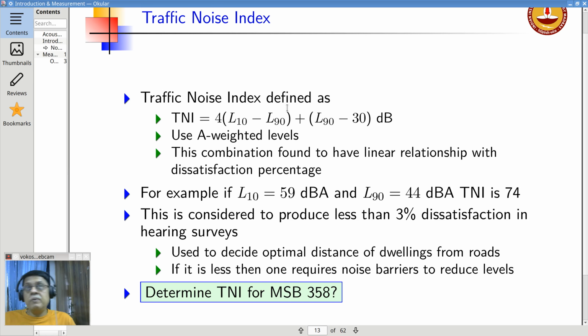We will look at some of these things a little bit later. If the road noise level is very high, for example, today at IIT Bombay, to give an example, the dwellings existed before the roads. IIT Bombay happens to now reside on one of the busiest roads, the Jogeshwari Vikhroli Link Road, JV Link Road. Earlier it used to be a small road.